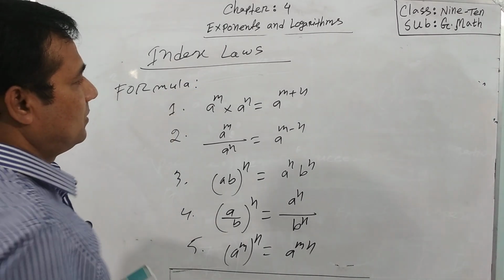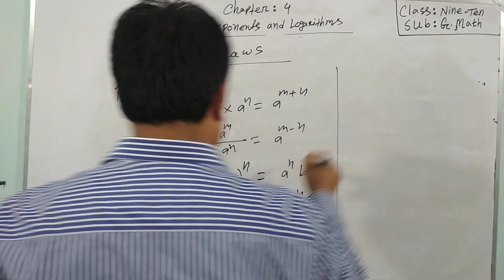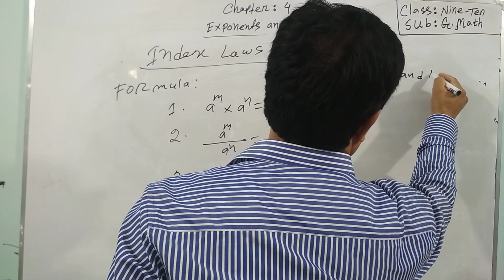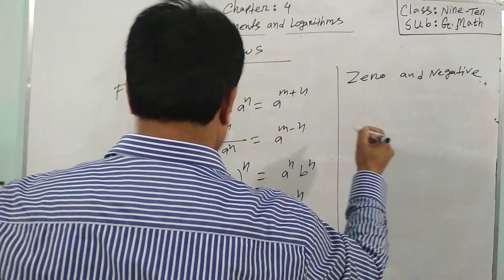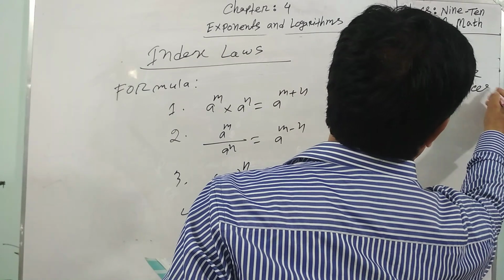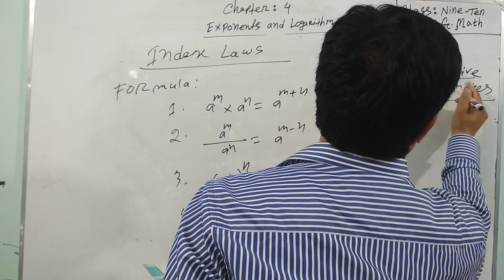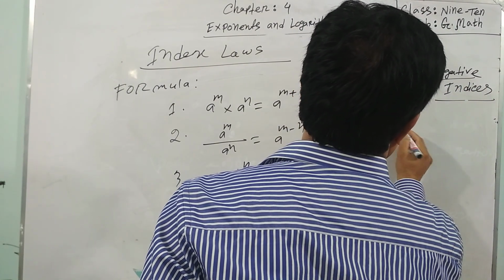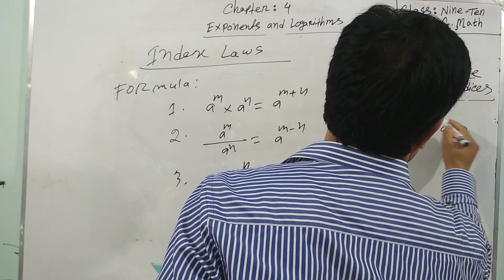Next, zero and negative indices. Number 1: a to the power 0 equals 1, a not equal to 0.